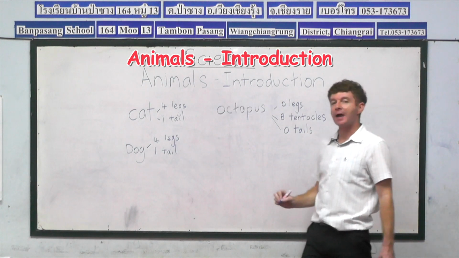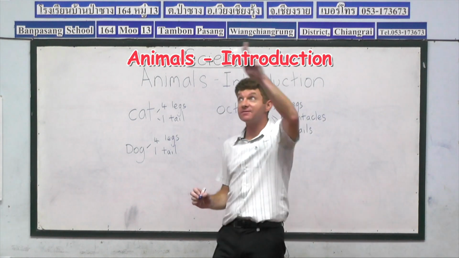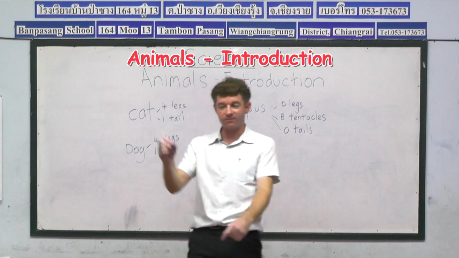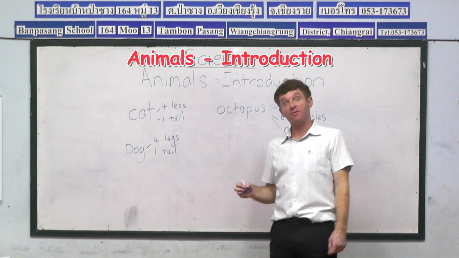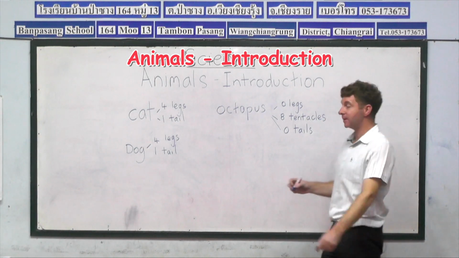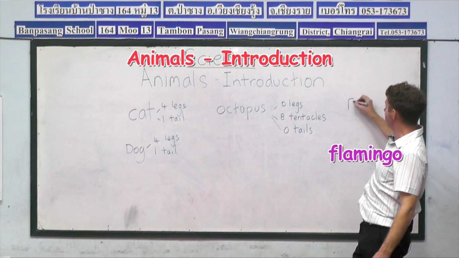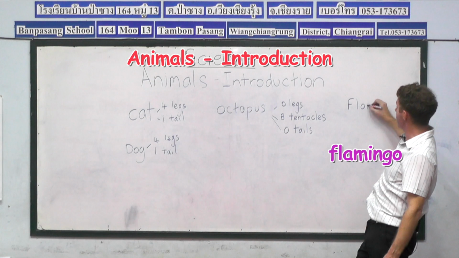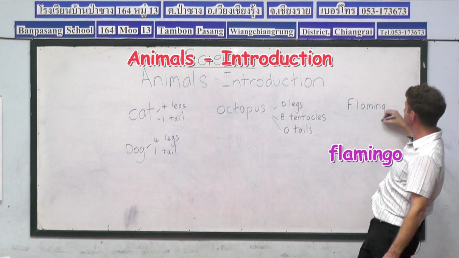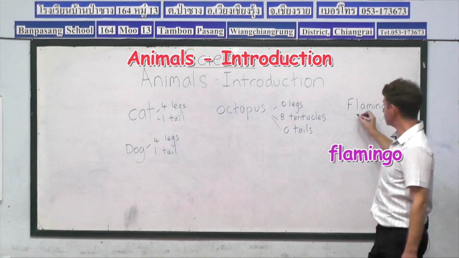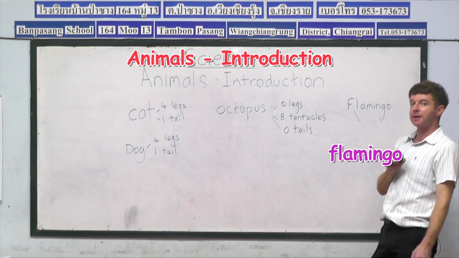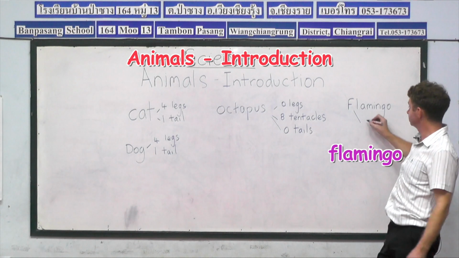Now, let's look at another type of animal that we might see in the sky sometimes, birds. Who can give me an example of a bird? Flamingo. Yes, we can choose flamingo. F-L-A-M-I-N-G-O. Flamingo. So, how many legs for the flamingo? 2 legs.